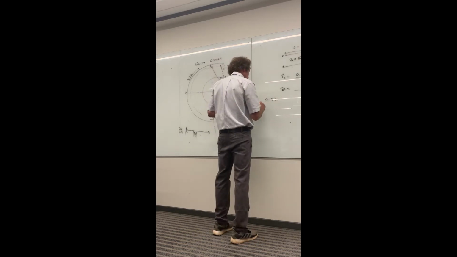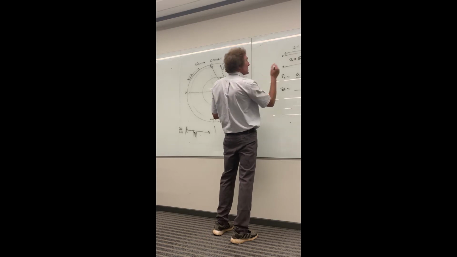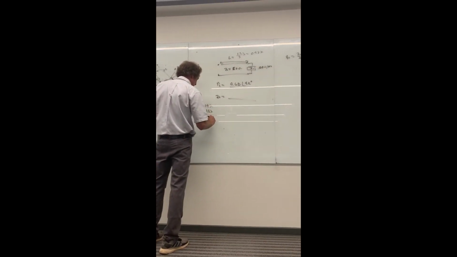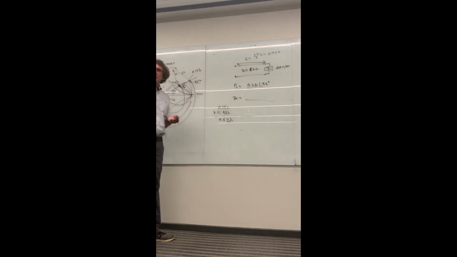I'm going to add 0.43 lambda to it. So it's 0.62 lambda. Do you see that? Now, this is the mile marker I started at, and I'm adding the length of the line to it. And this is where we're going to end up.